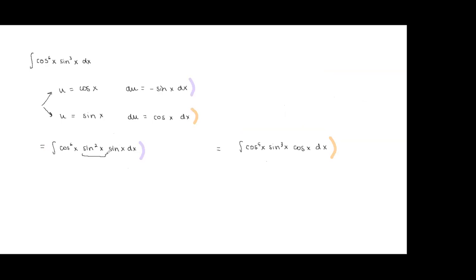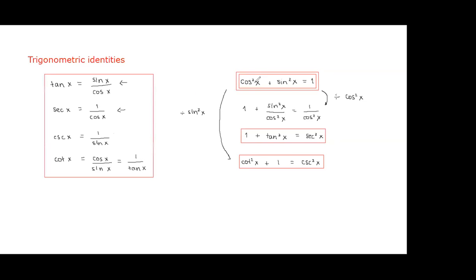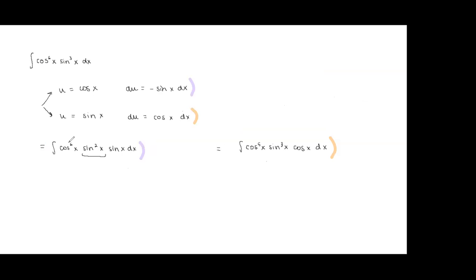Now we are left with an even power, so we can use this identity to replace sine in terms of cosine, which is really useful because we want everything to be in terms of u. The really important part is that the power is even, and that allows us to do a substitution properly.